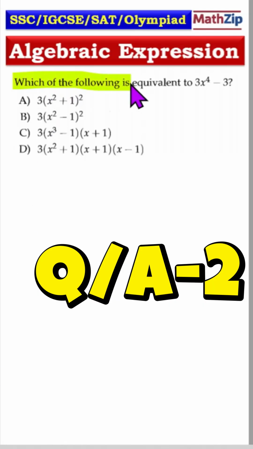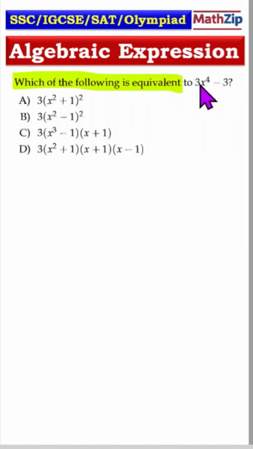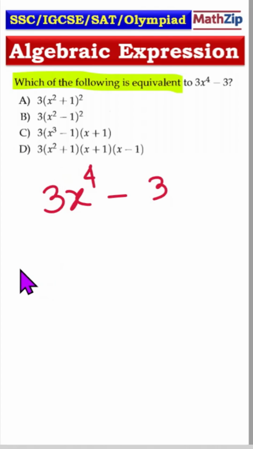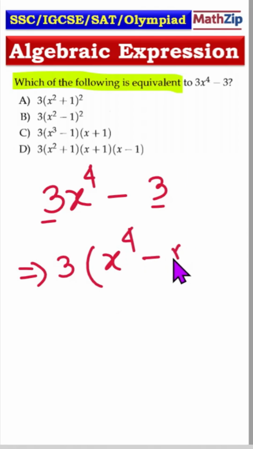Which of the following is equivalent to, we can write this one, 3x^4 minus 3. Here are some options. So first we can take common this 3. So 3 times (x^4 minus 1).